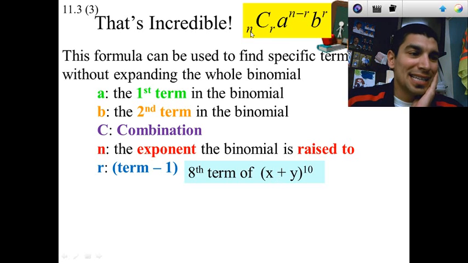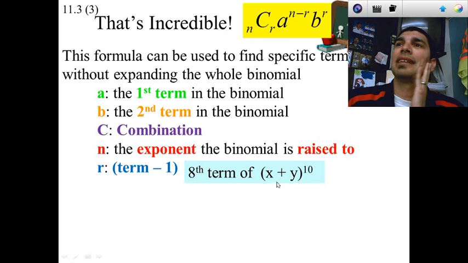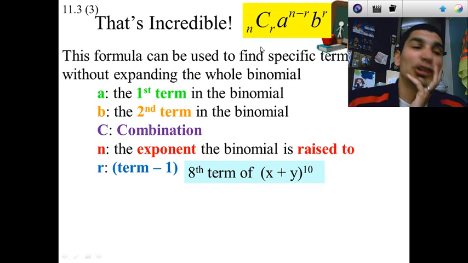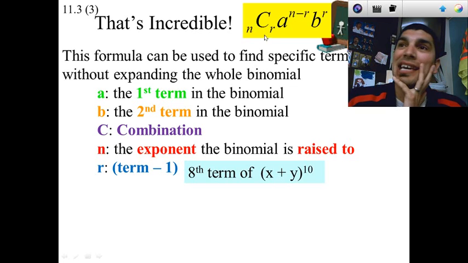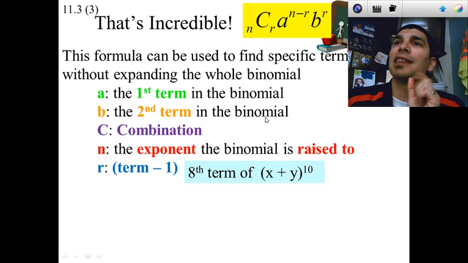What is n in the formula? N is the exponent. So what is the exponent of this x plus y to the 10th power? 10. Good. So I'm going to put 10C. And what is r? R is the term minus 1. Which term am I trying to find? 8. So the term minus 1 is 8 minus 1 is 7.